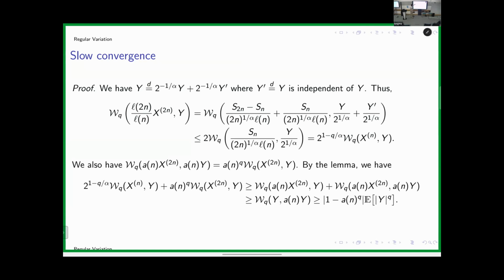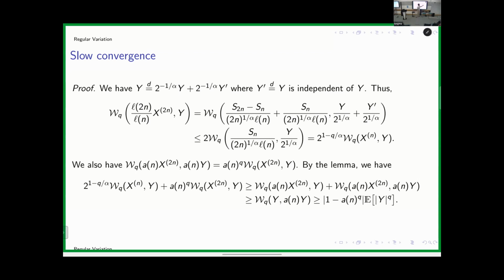So I have this an function, which is curly ln at 2n over curly ln, times the approximation of time 2n versus 1. Okay. So this I will rewrite on each side. So first, this guy is simply s2n minus sn and then plus sn. Yes. Nothing surprising. And on the other hand, I have the y and the y prime.